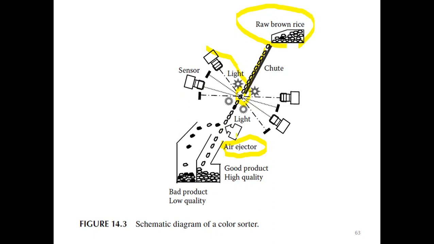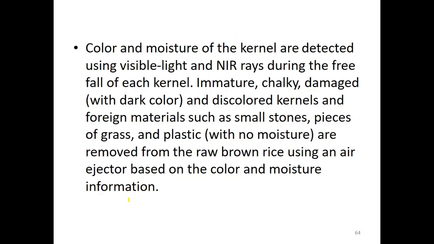It will eject the bad quality ones and only keep the good quality ones in here. So this tank is for good product, the high quality one, and here will be the low quality or bad product.